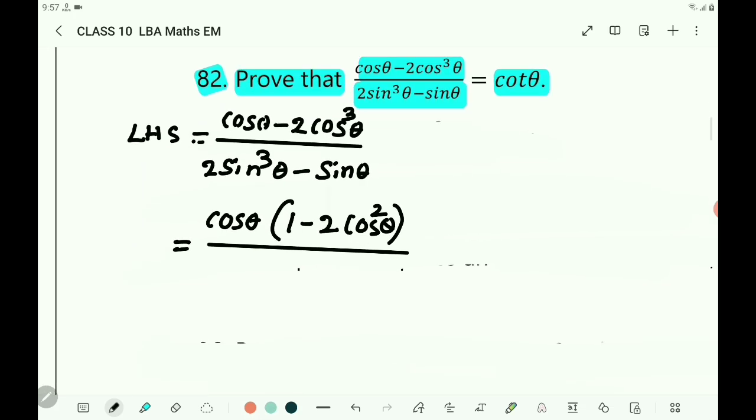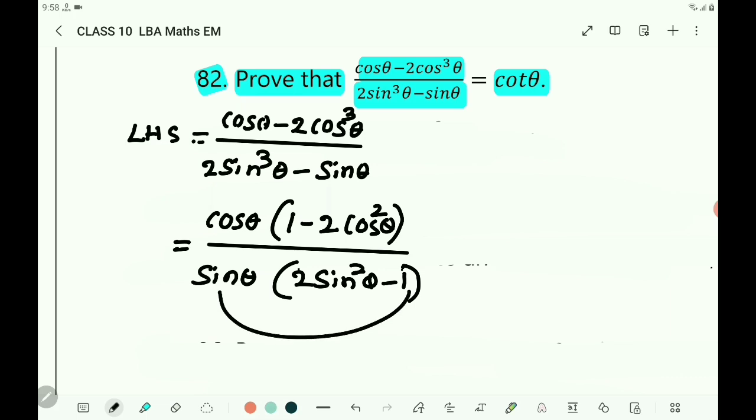Next, here remove sin theta as a common, that is equals to 2 sin square theta is remaining in 2 sin cube theta, because sin theta is outside. Sin theta into 2 sin square theta is 2 sin cube theta, and minus here what is remaining? 1, because sin theta into 1 is sin theta.